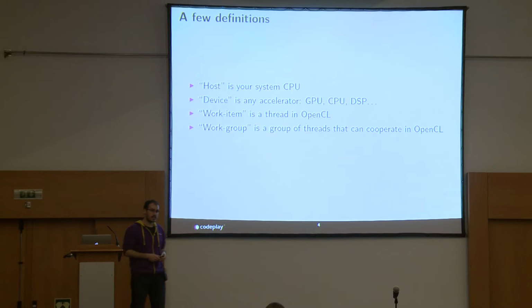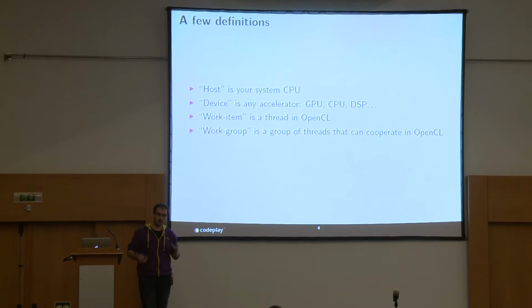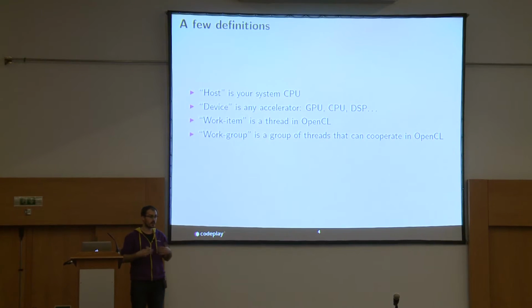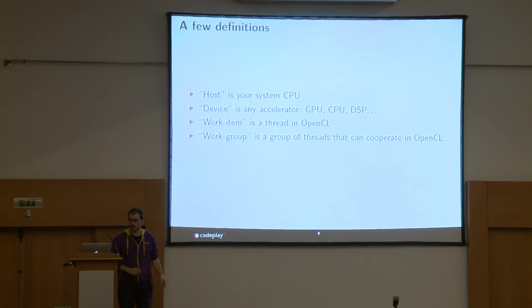The device will designate any accelerator: GPU, CPU, DSP, FPGA, or other sorts of things. I'll also be using work items a lot, which is just a thread in OpenCL. And a work group is a group of threads that can cooperate, so share data and synchronize.